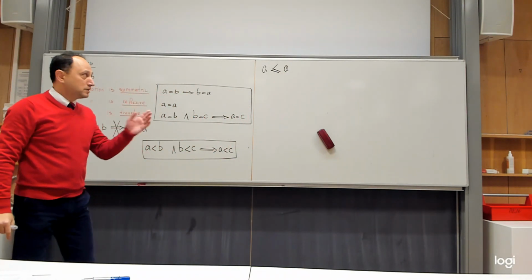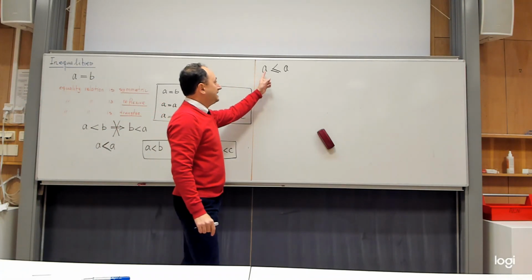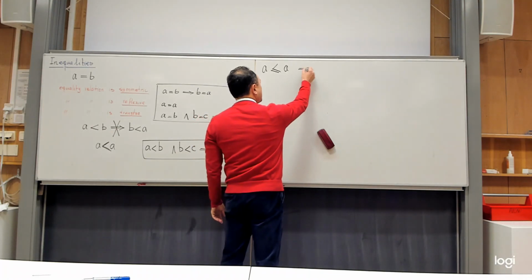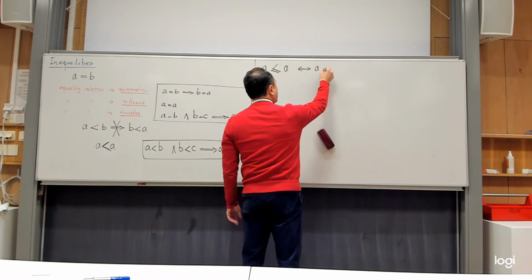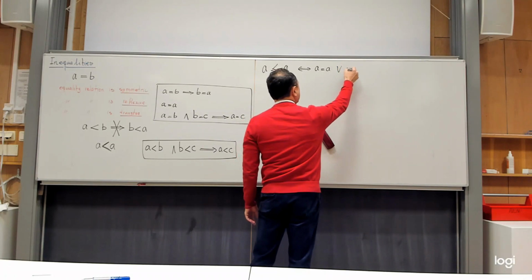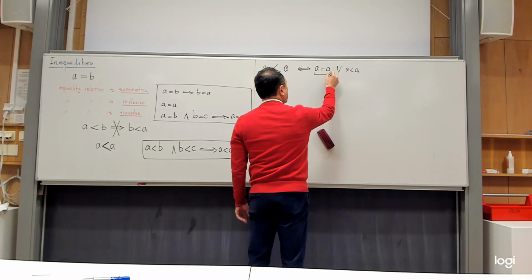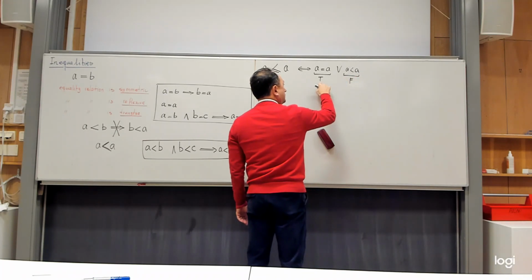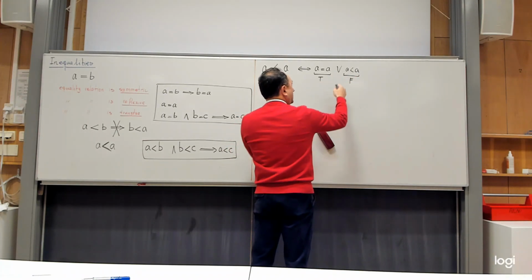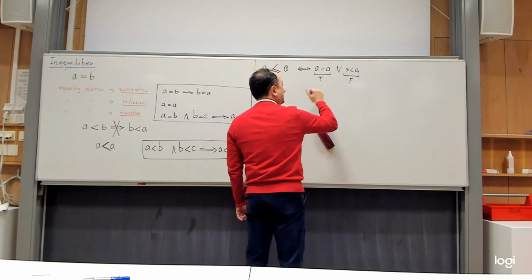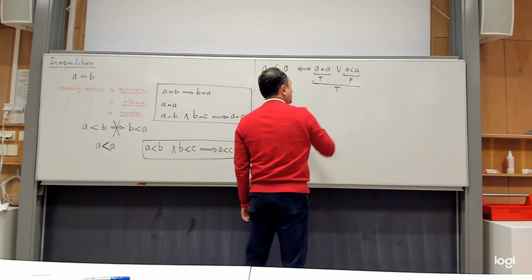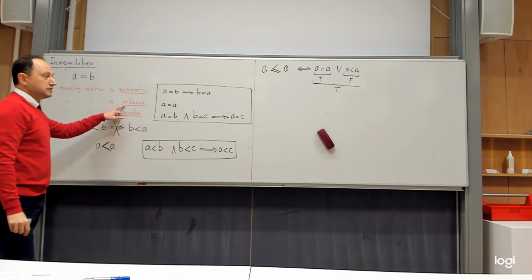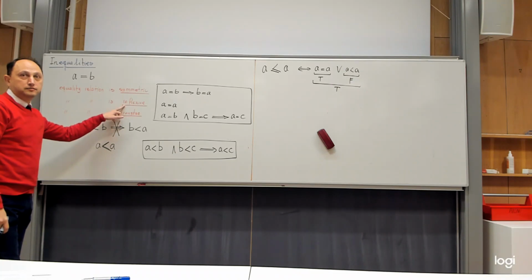True, because I just told you A is less than or equal to A is mathematically equivalent to writing A is equal to A or A is less than A. Of course, this statement is true, this statement is false, and I just told you that if you have a true and a false statement, combining them with this or, the whole expression becomes true. So this statement is true, so this is also reflexive. Is that clear?